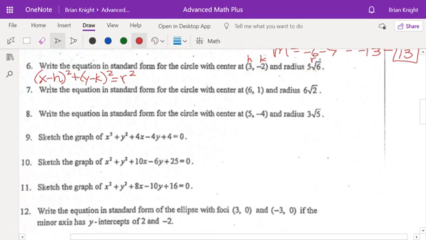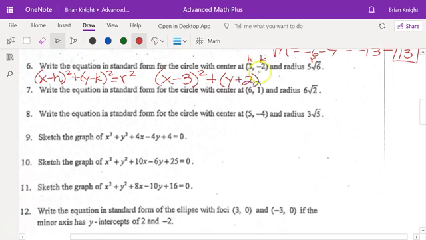And all it is is plugging in. So there's not much work to show here. Matt, you're going to be happy. Okay? All you have to do is remember, if it's a positive 3 for H, what are you going to put in the parentheses? Negative 3. Okay, x minus 3, don't forget the squared. Plus, if it's a negative 2 for K, what goes in the parentheses?